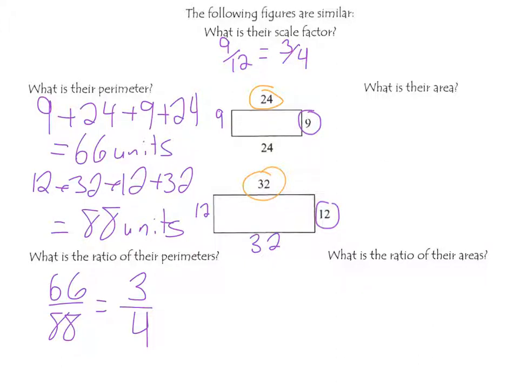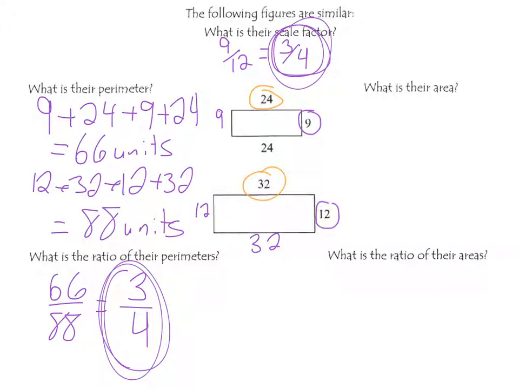And if you notice, this guy is also 3/4, and they're both one-dimensional, right? Scale factor is one-dimensional, perimeter is one-dimensional, so it should make sense that their ratios both turn out to be the exact same thing. If you can hear the jingling, it's just my dog.